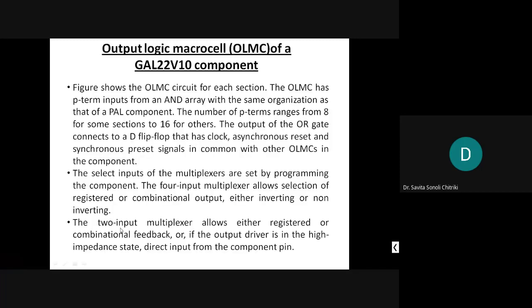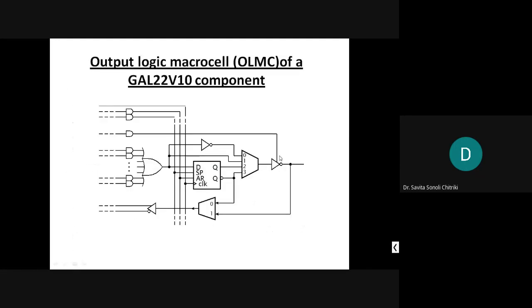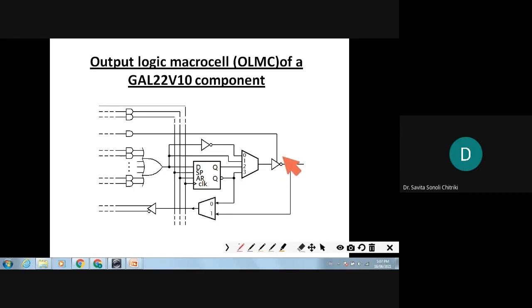So that's what is told. The 2 input multiplexer allows either registered or combinational feedback, or if the output driver is in high impedance state, direct input from the pin. That means if this is not being activated, it is an active high input. The output is an active high tri-state buffer, which is coming from an AND gate. If it is not 1, it is in high impedance mode, which means this path is not active.